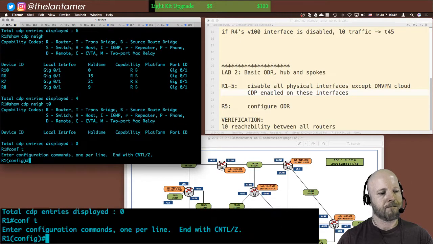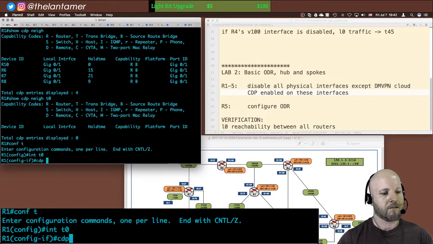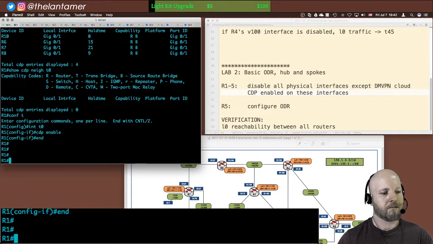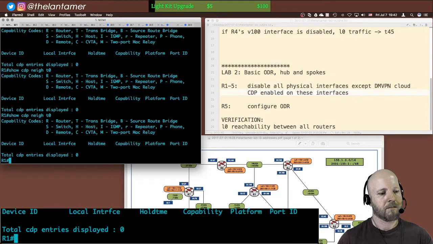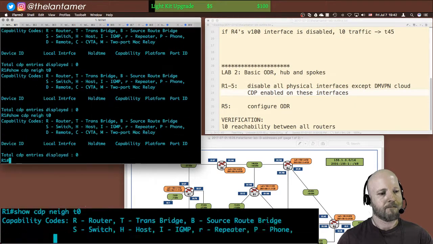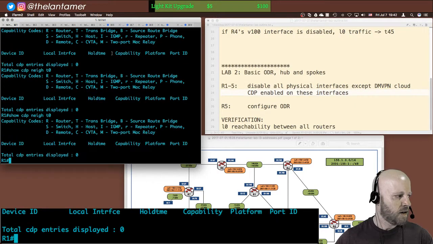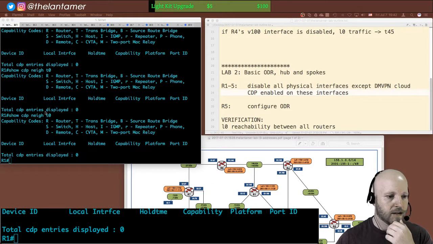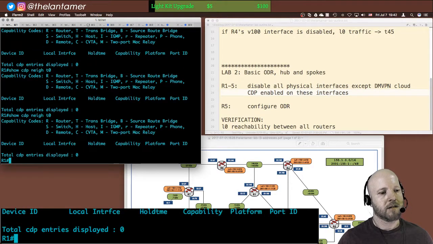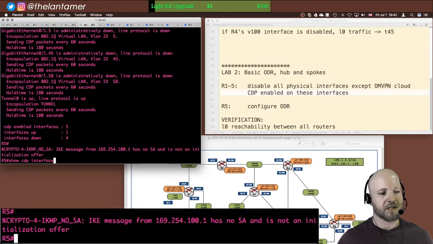None. Yeah, theoretically I should be seeing, is that because we have IPsec?